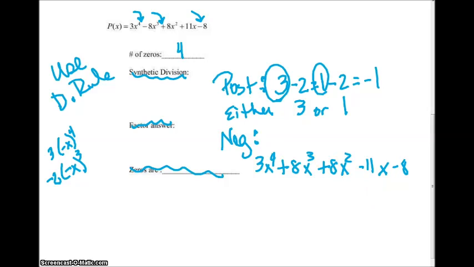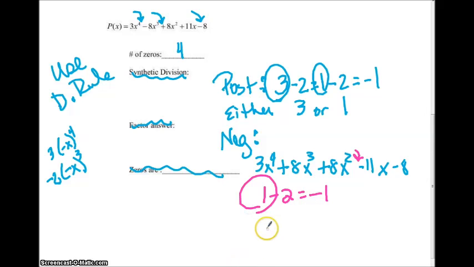So now when I look for sign changes, positive, positive, positive, negative, negative, I have one sign change, right? Which tells me 1 is where you start. So 1 minus 2 is negative 1, so that's where I get to stop.